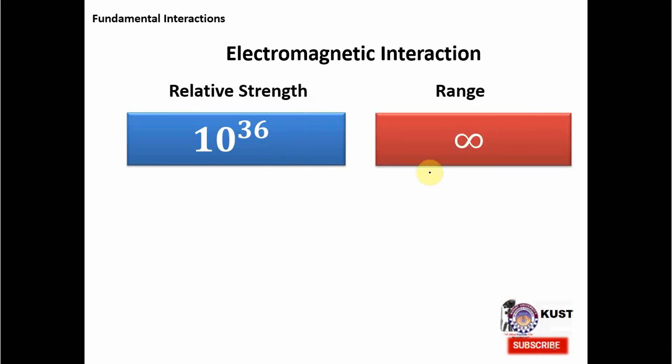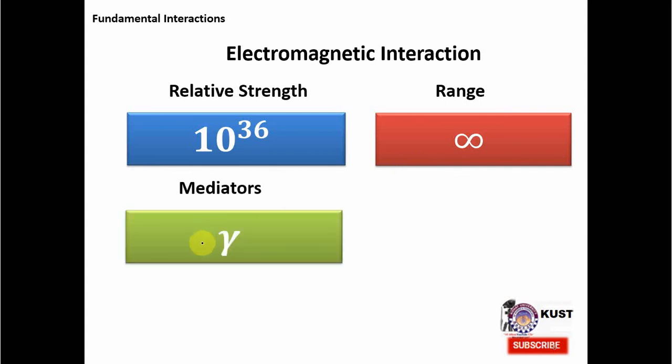As I said, if there is an electron at one end of the universe and another electron at the other end of the universe, they will still be interacting via electromagnetic force. And the mediator is the photon, gamma, only one mediator, because it is governed by the U(1) gauge group, and it has only one generator. So this one generator corresponds to one mediator, that is the photon.